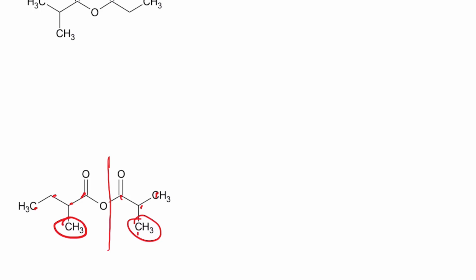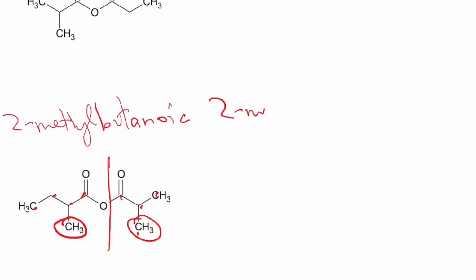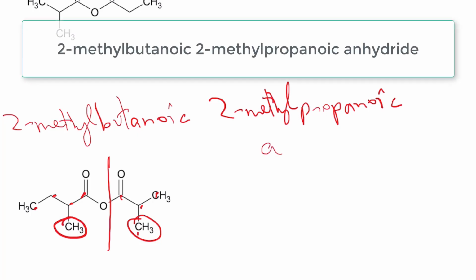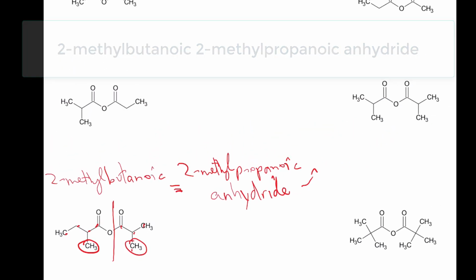So I've got a methyl group on it, so a 2-methyl butanoic, 2-methyl propanoic anhydride. And that should be up here with a space after it, but I just don't have the room. And there is a space here as well.